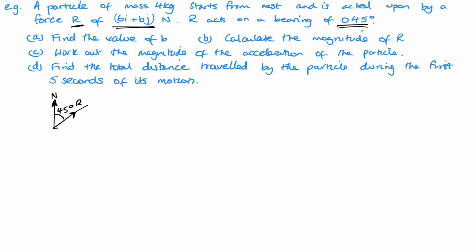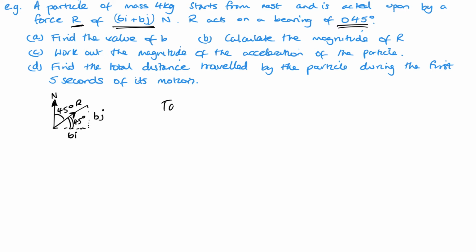And I can think of this vector as being 6i plus bj. Now, if this is 45 degrees here, then this is also going to be 45 degrees inside this triangle, and that'll make my life a little bit easier.